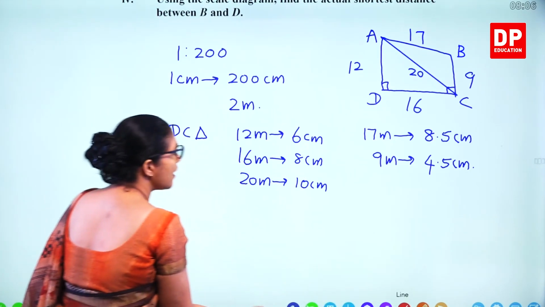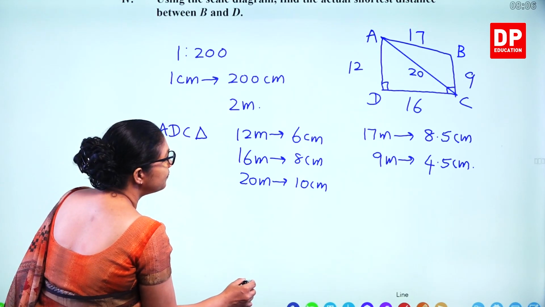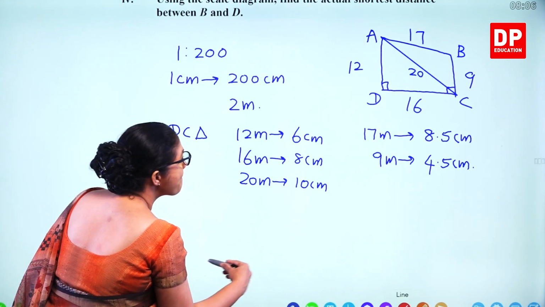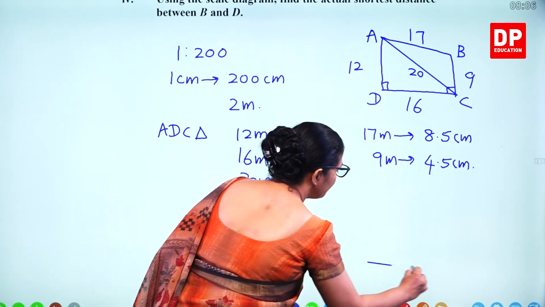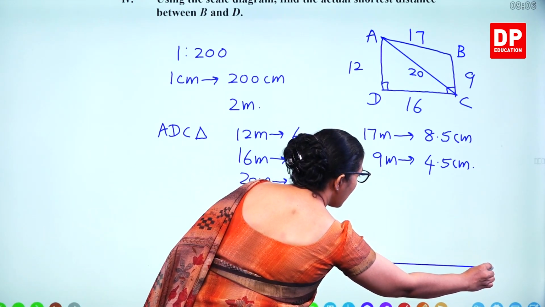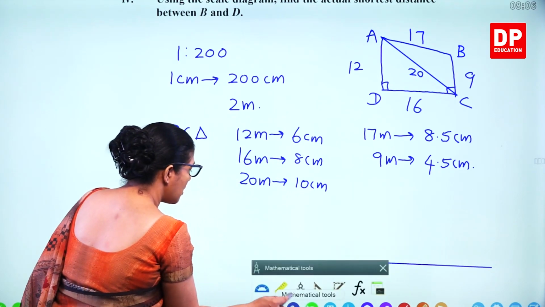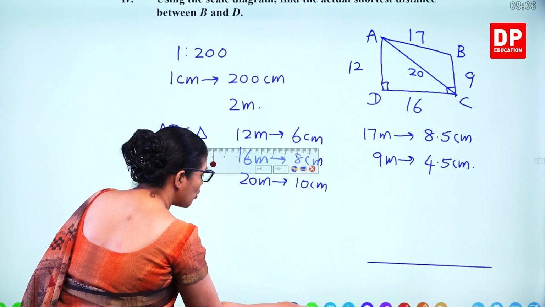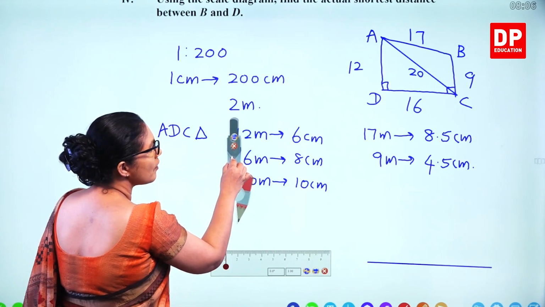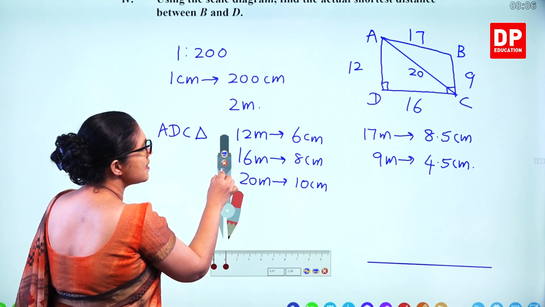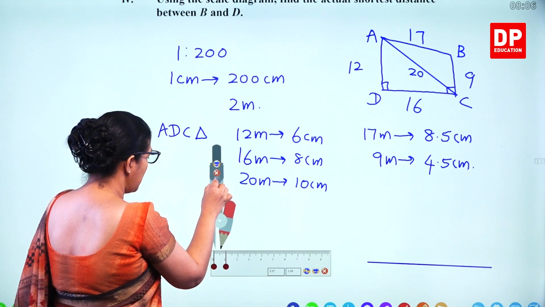So first take the ruler and we can draw the CD line. And you can take the compass and the ruler. We need to measure lengths now. 16 means 8 centimeters.